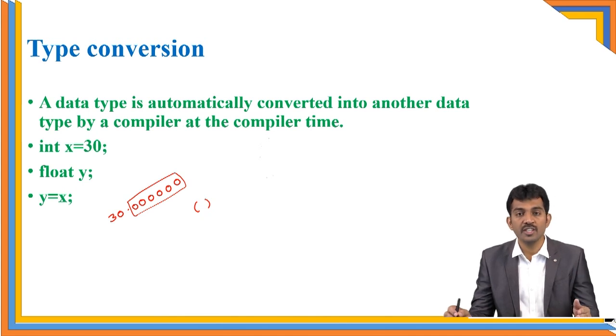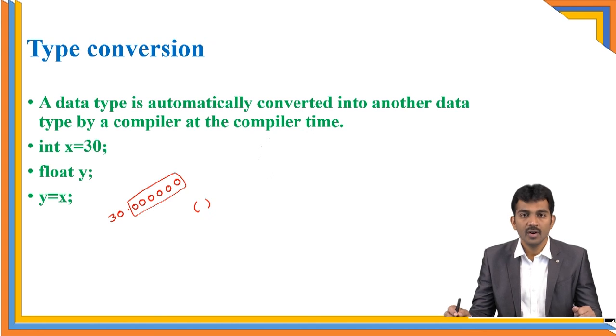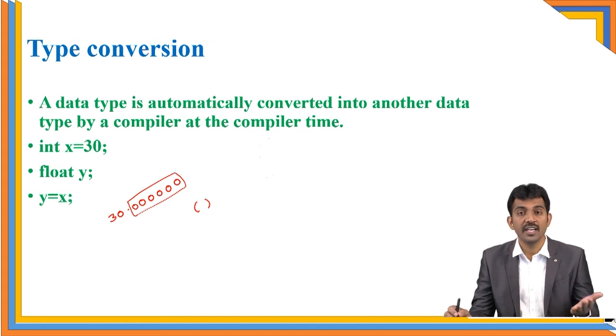By using these format specifiers, you are going to handle the data. As well as we have seen what is typecasting and what is type conversion. Typecasting, if you do it manually, is called typecasting. By default, if the compiler converts the data type, it is called type conversion. Is this clear?